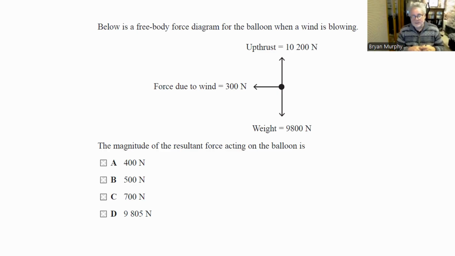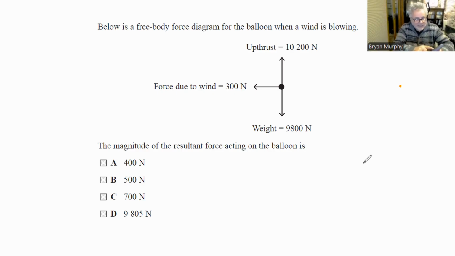Okay, so all we have to do is add these forces up. So if I draw it over here, there's my balloon. The upthrust, sorry, this is going to be embarrassing, I got it wrong last time. The upthrust is 10,200, but the weight is 9,800.